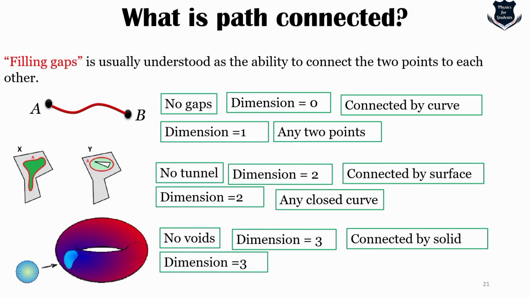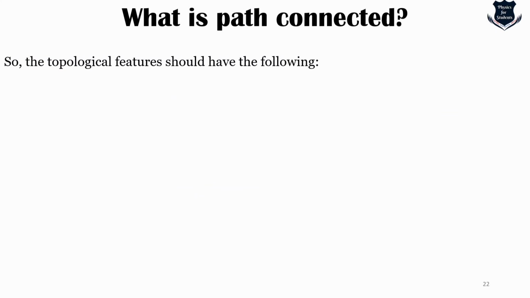It is connected by a solid which is of dimension 3. This is of dimension 2, and it has any closed surface. So we can summarize the relation between dimensions: a k-dimensional gap is filled with a k plus 1 dimensional object. So any dimension is being filled up with the next dimension. I hope that these things make it clear.